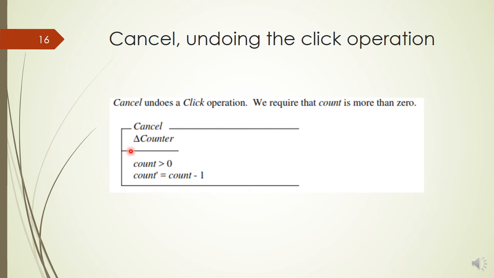Therefore, the delta symbol represents that the operation cancel is an operation which actually changes the state of a system, and counter is the name of the system state schema.